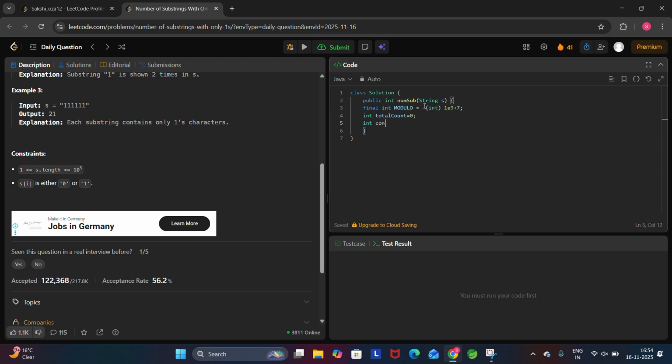After that, the current consecutive ones count, ending at the current position. So int consecutiveOnes is equal to, initially, 0. Then we will iterate through each character in the string.